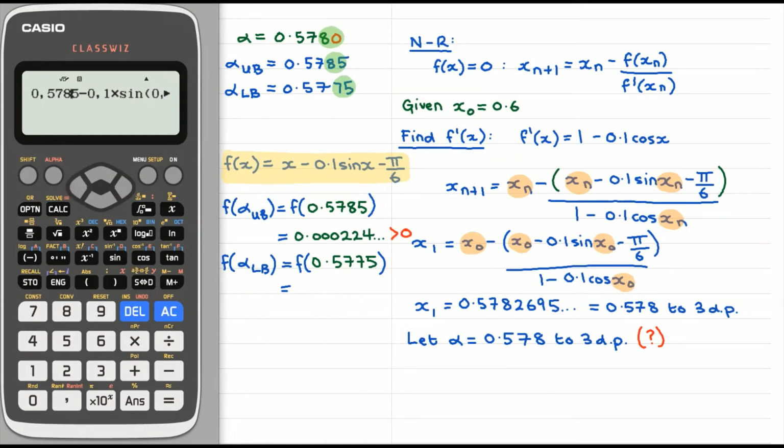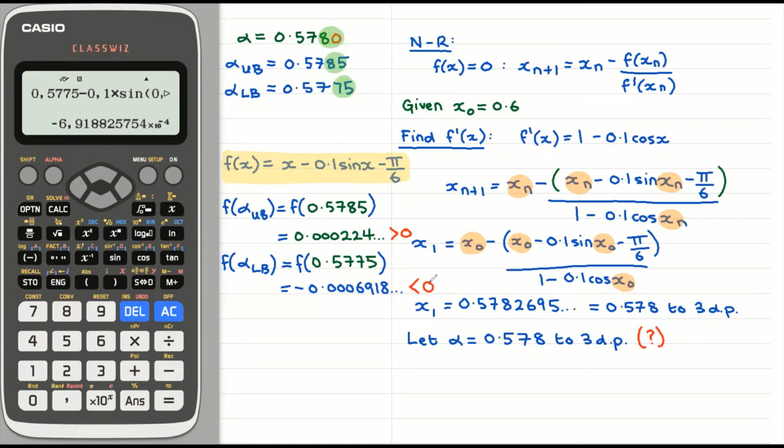And just delete the 8 again and replace that with a 7. So just check that that's correct. So it should be x, subtract 0.1 sine x. Yes, looks good to me. Press equals. Okay, and we have a very small but negative number, as we would expect. So we have negative 0.0006918, etc. I've not rounded that, which is negative.